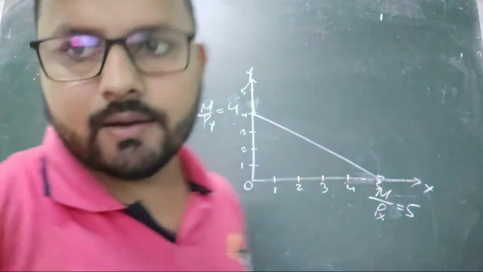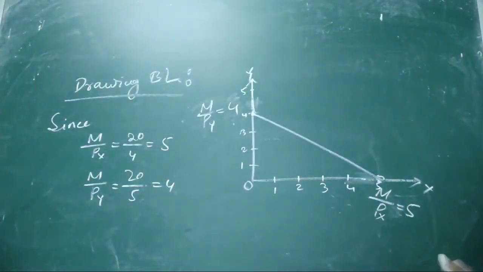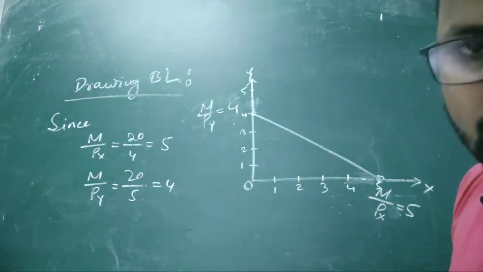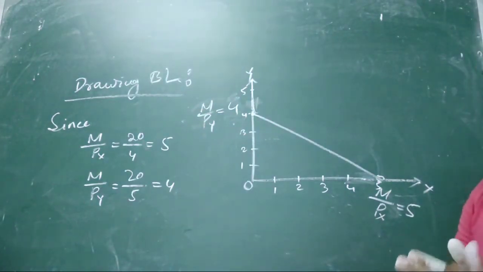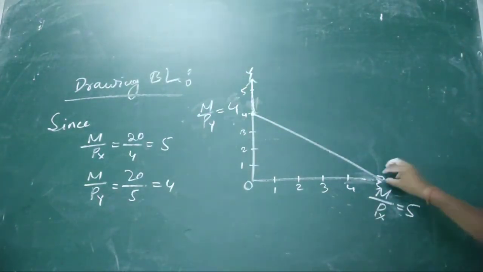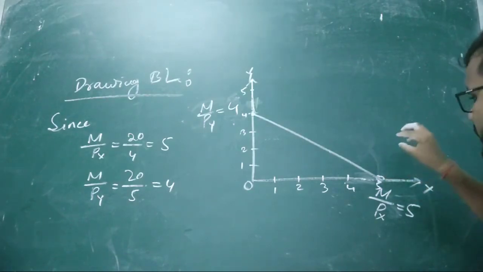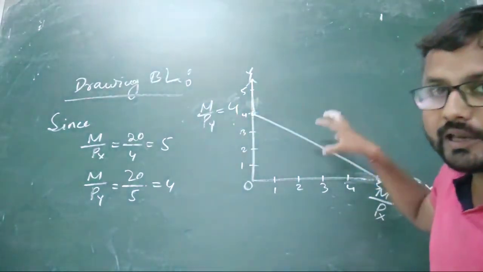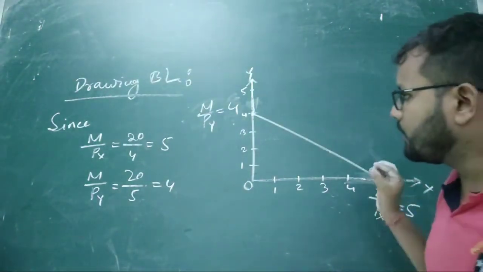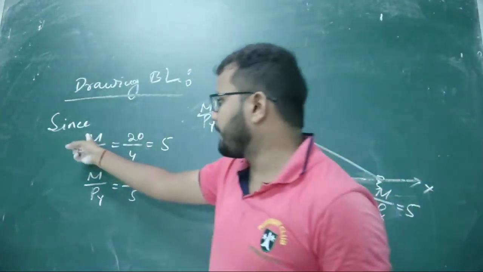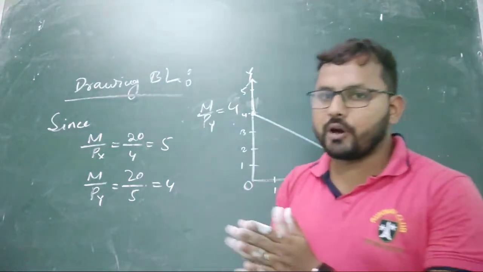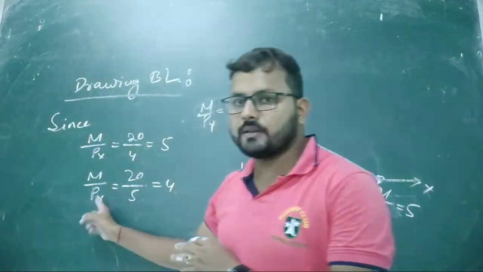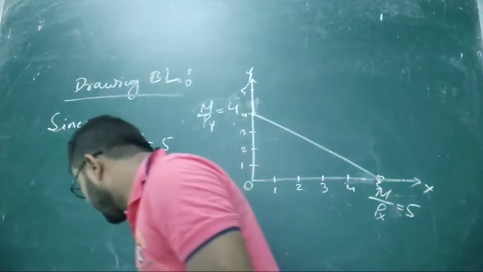So up to this, is it clear? You just write down these formulas and how we can draw a budget line. If we are able to get the value of the point on the x-axis and the point on the y-axis, we can easily draw a budget line. The point on the x-axis is m by px, and the point on the y-axis is m by py.